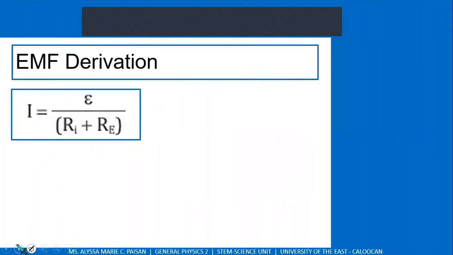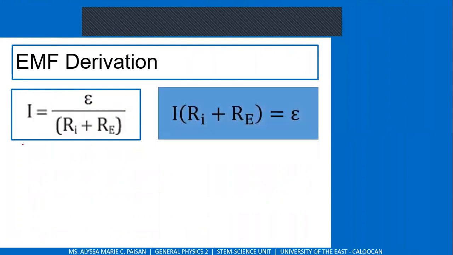So from the equation here, we have to derive the equation for the electromotive force. So step number 1 is to cross multiply. Kaya naging ganito na siya. Naging I times Ri plus Re is equal to epsilon.